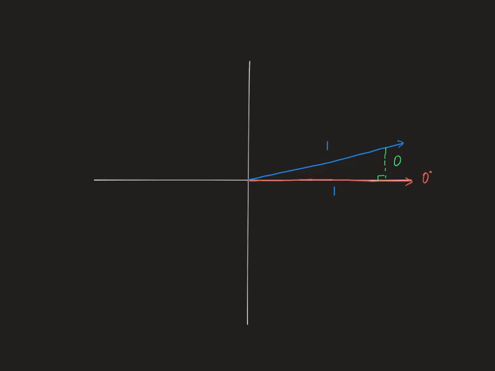So in essence, we built a 2-sided triangle. But now that I have all 3 of those sides, I can come up with all 3 of my trig ratios. I could calculate what the sine of 0 degrees was, because now I have opposite over hypotenuse.